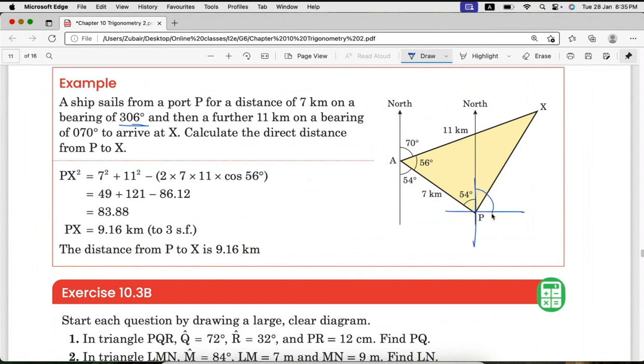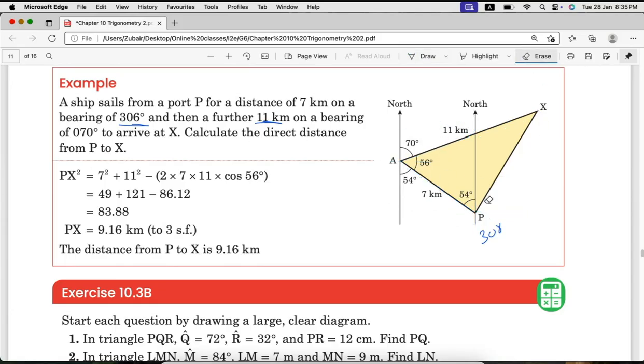When you just subtract 306 from 360, you know that you are left with 54 degrees. And then a further 11 kilometers on a bearing of 70. Calculate the direct distance from P to X.